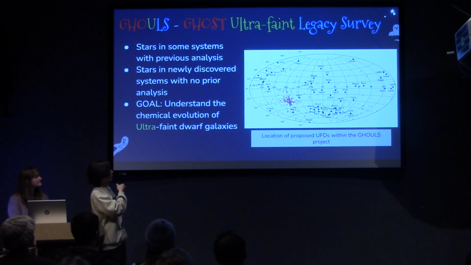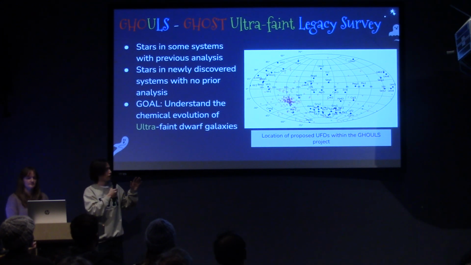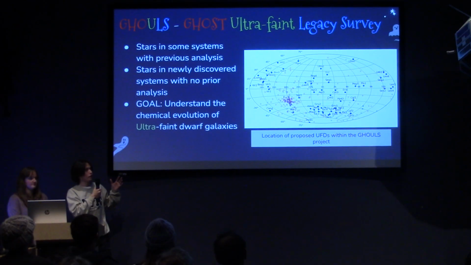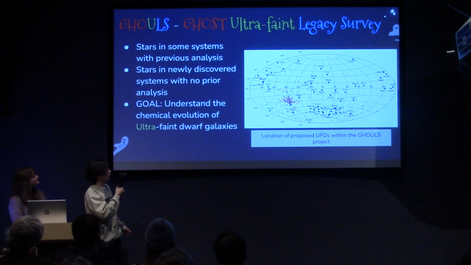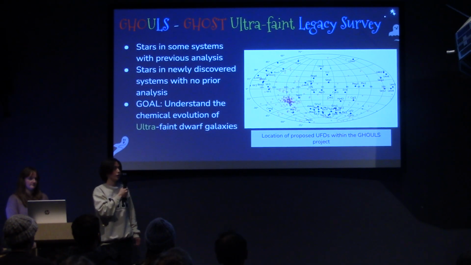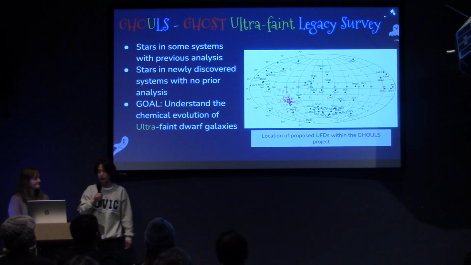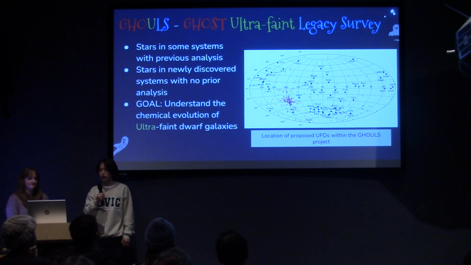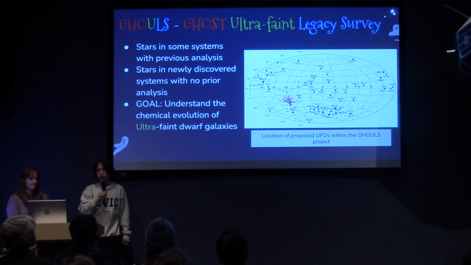Some of the stars in these ultra-faint dwarf galaxies have had previous analysis done on them, but some are newly discovered as being part of these galaxies and have had no previous analysis done on them. The goal of GHOULS is to understand the chemical evolution of ultra-faint dwarf galaxies.